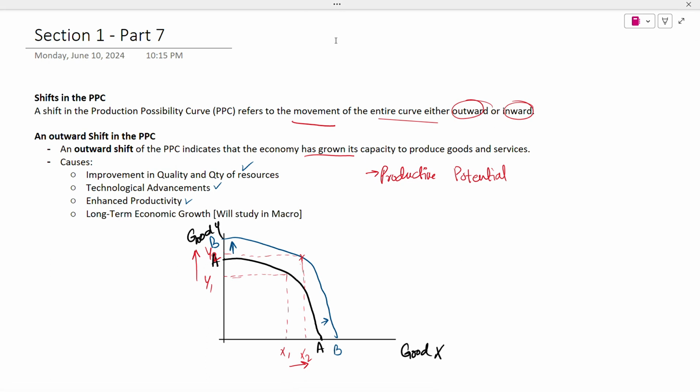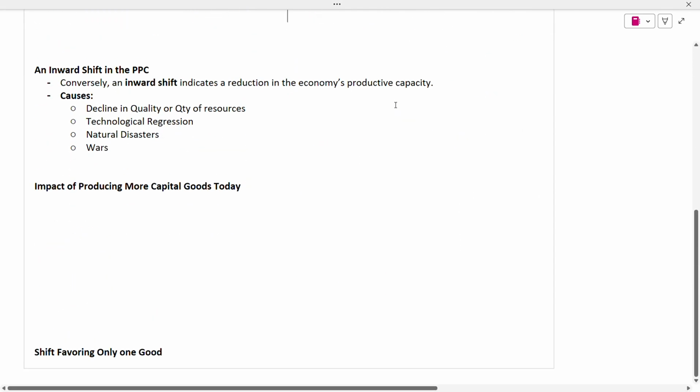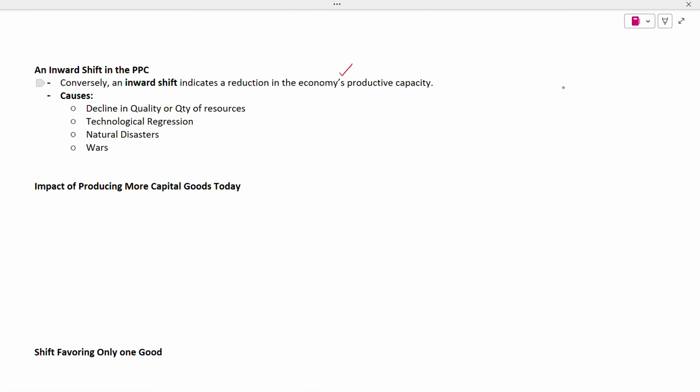On the contrary, an inward shift in the production possibility curve would mean that your economy's productive potential has decreased, because now the economy is not able to produce the same amount of goods and services that it previously could.